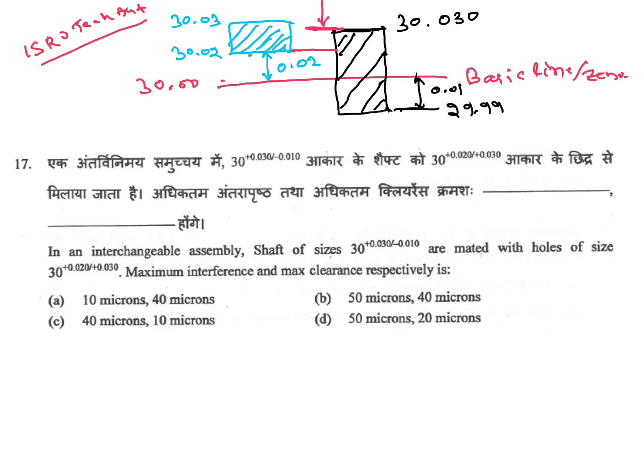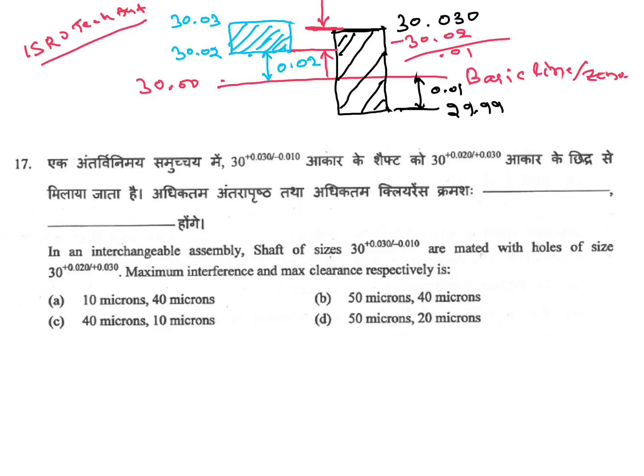So you subtract 30.02 and you get 0.01. From the option it's in mm, 0.01, so 10 micron. 10 micron is maximum interference. So you can answer A.